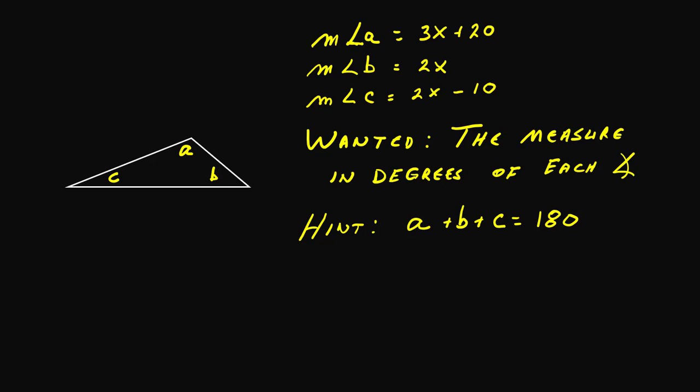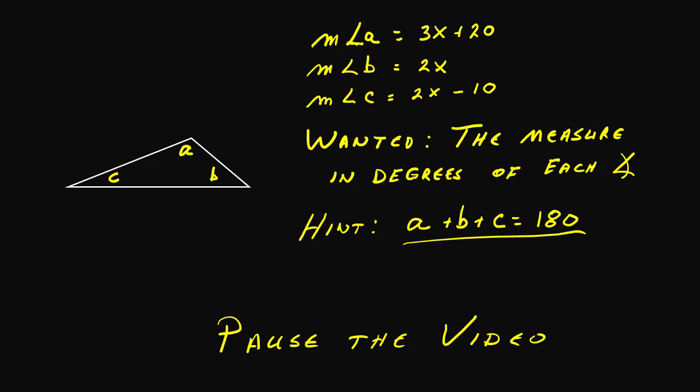So here's the first problem. What I'd like you to do right now is to pause the video and go ahead and set this problem up and work through it, see how you do, and when you come back, we'll work it together.